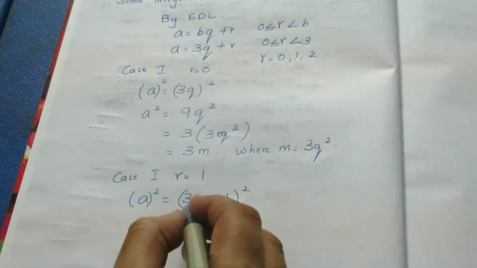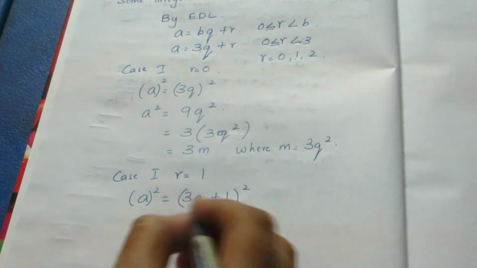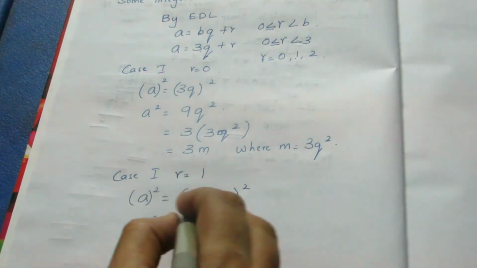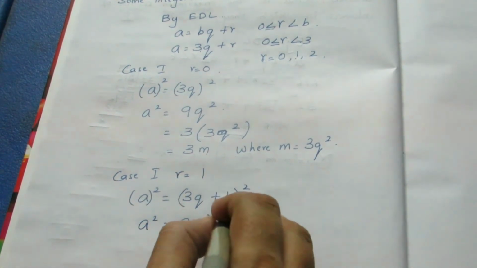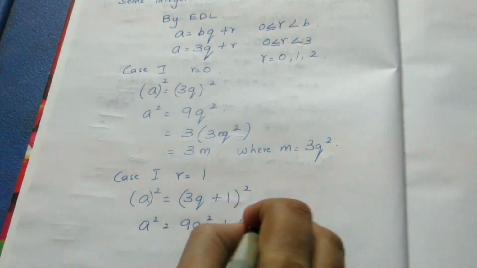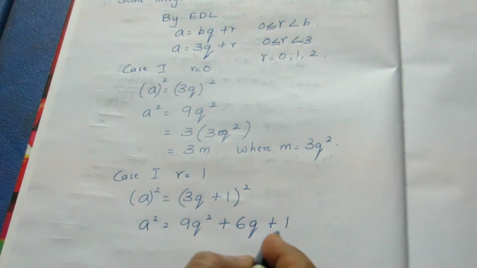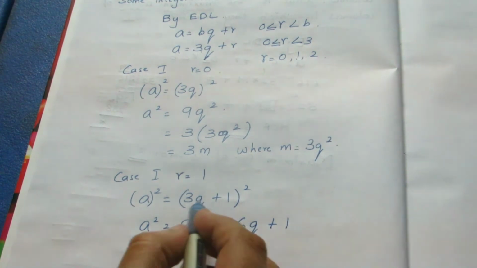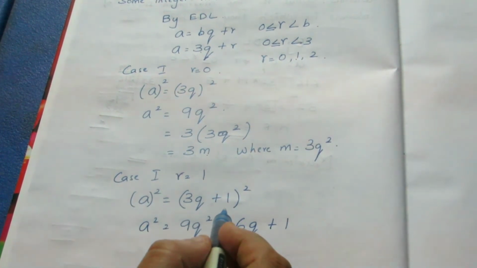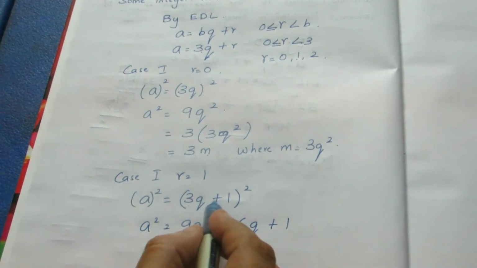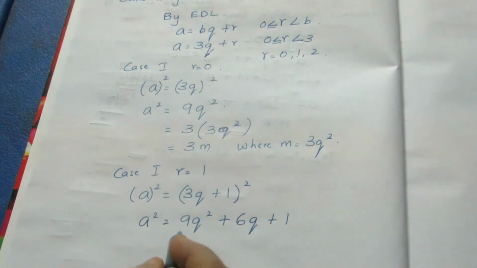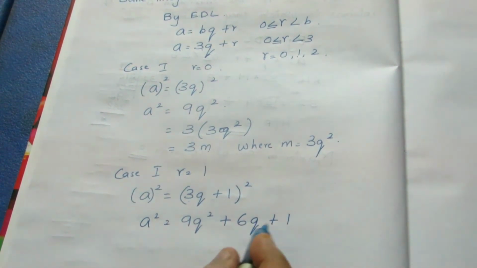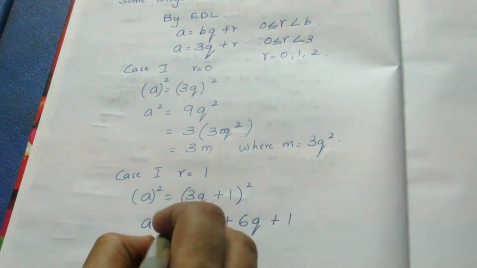So it is 3q plus 1 the whole square. Now square it. I get 9q square plus 6q plus 1. I need to do it with the formula because I can't solve the bracket. You need to use the a plus b whole square formula. The formula is a square plus 2ab plus b square.